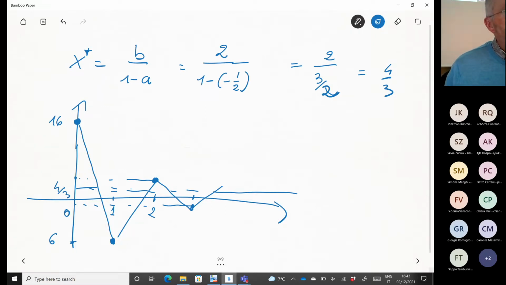So basically, this is a qualitative behavior of the solution to this difference equation, and this is what typically happens when we have a negative coefficient A. However, here it is negative, but in modulus, it is smaller than 1. So we have convergence to the steady state.